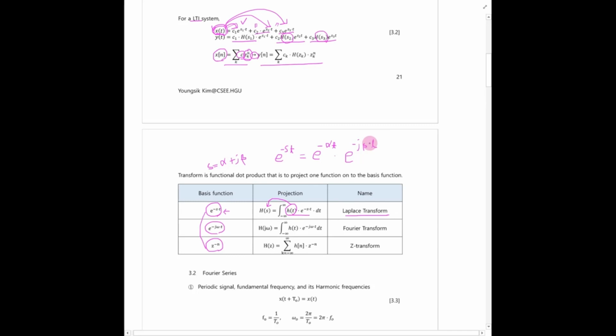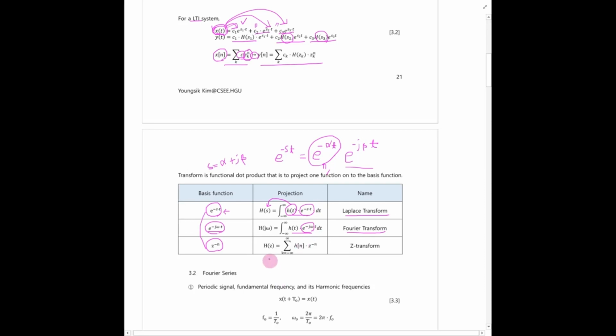Okay. This one is an exponentially decaying function. This one is a sinusoidal one. If alpha goes to 0, then this becomes unity. Then it becomes this one. That is called the Fourier transform. So the Laplace transform and the Fourier transform show similar expressions, just with different basis functions.